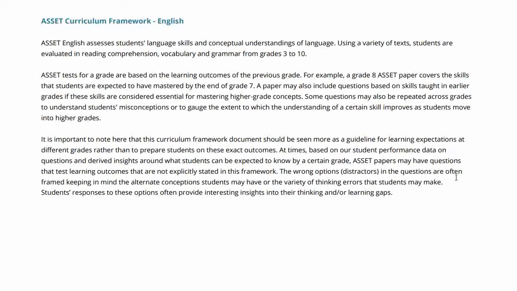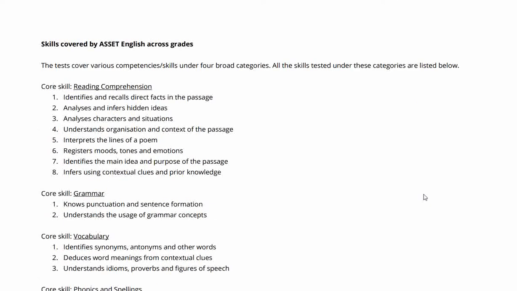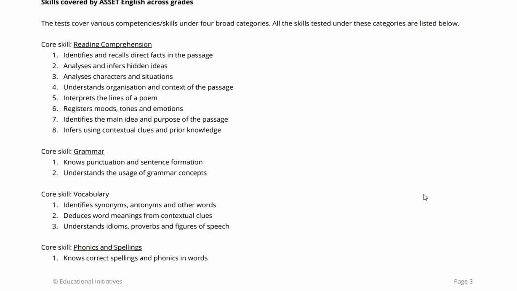The questions are often framed keeping in mind the alternative conceptions students may have or variety of thinking errors that students may make. Students' responses to these options often provide interesting insights into their thinking or learning gaps. So that means if you're making these kind of errors, then you are thinking in some direction which is not exactly the right direction.